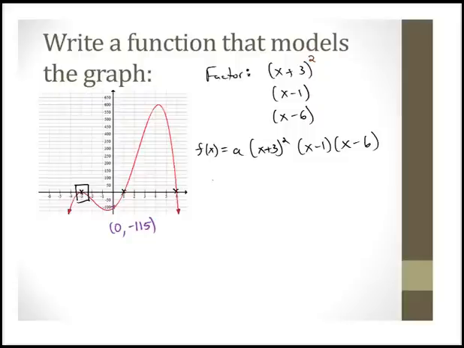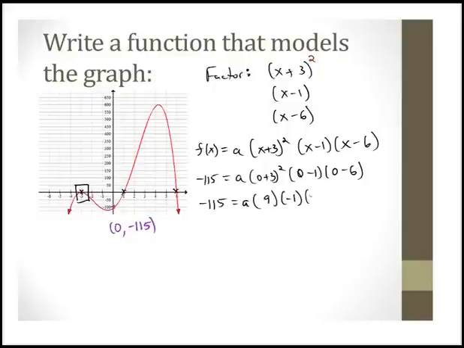So I'd have negative 115 equals a times (0 plus 3) squared times (0 minus 1) times (0 minus 6). Negative 115 is a times 9 times negative 1 times negative 6. Negative 115 is a times 54.